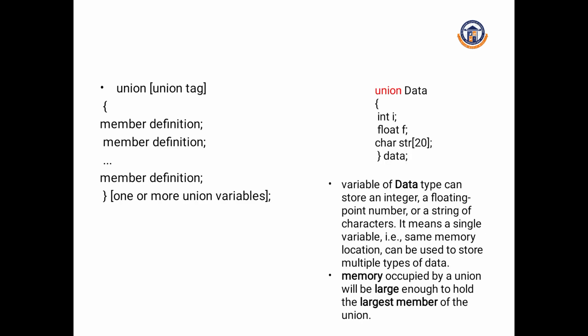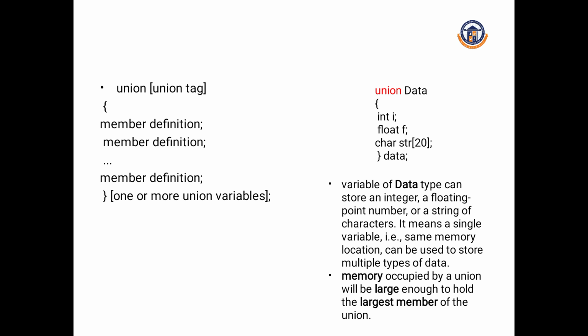So this is the syntax declared for a union. This is the same as structures. For declaring a union, you must have the union keyword followed by the union tag name. That tag name is optional.